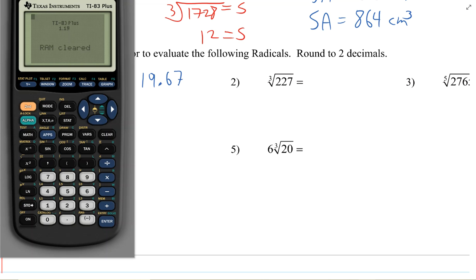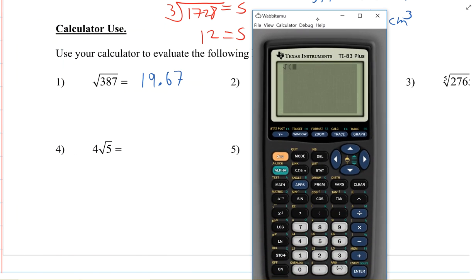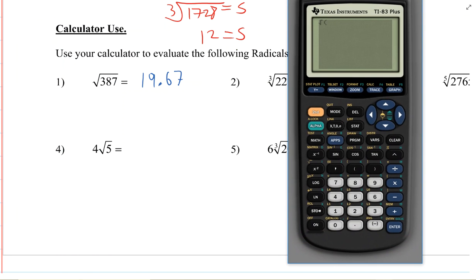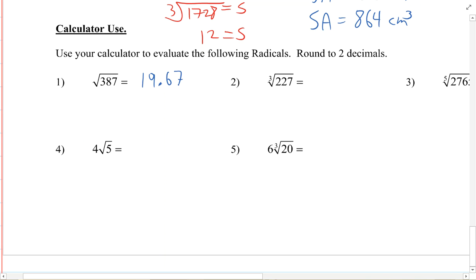On my graphing calculator, I have to punch the square root button first so it appears on screen. If you have your square root appear on screen, then you have to enter it in this format. So then I will simply press 387, and I can have a closing bracket to close it off. Press equals, 19.67. Sometimes the closing brackets make a difference, sometimes they don't, but it's always safe to have it so that you can figure out when it's needed.